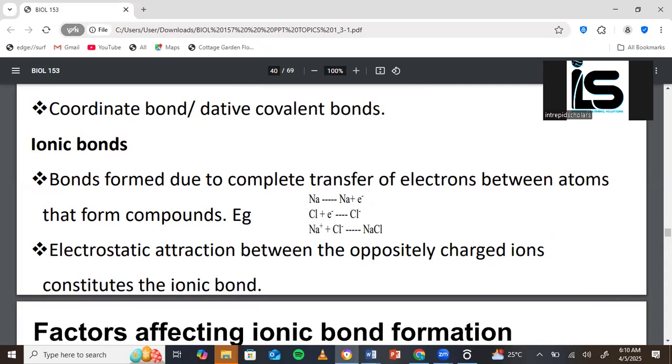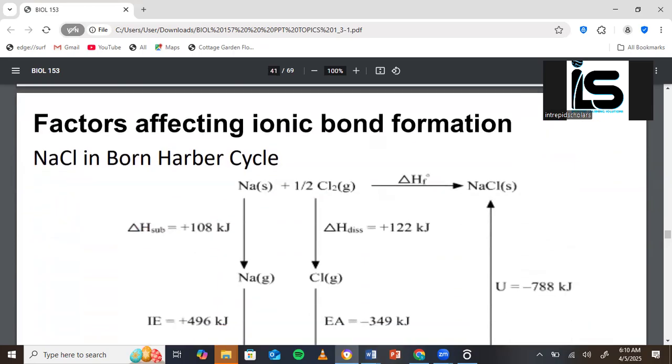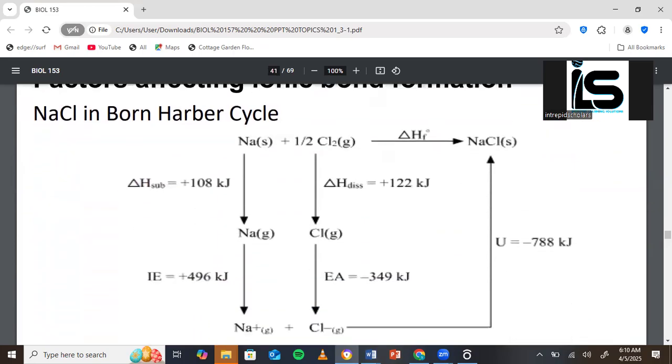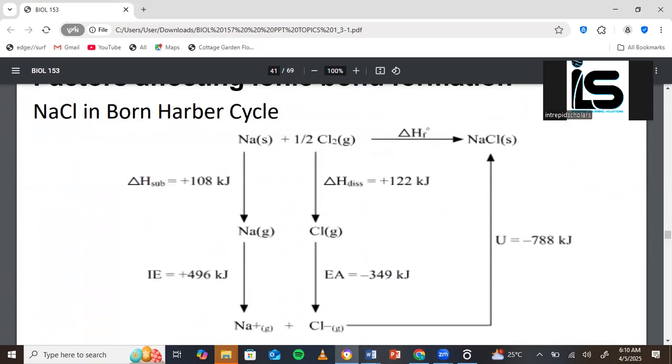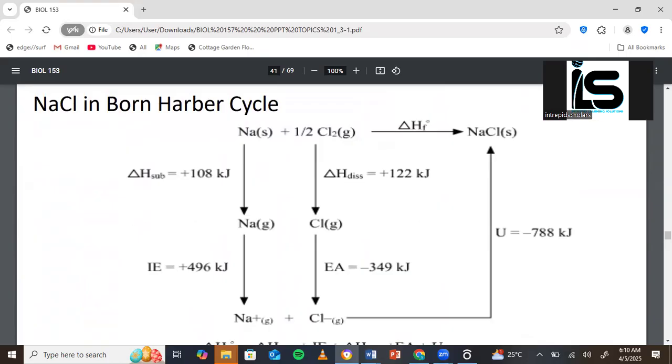Now let's read. We have explained the concept of ionic bonds and the factors affecting ionic bonds. This illustration is the Born-Haber cycle for sodium chloride, showing the process the atoms will go through before you can form your sodium chloride. So solid sodium would have to be vaporized by sublimation.